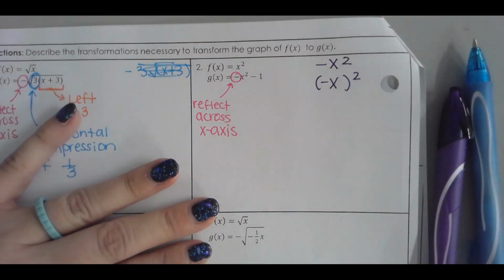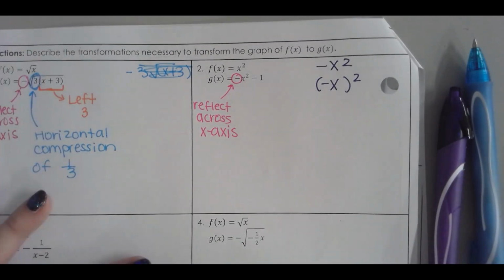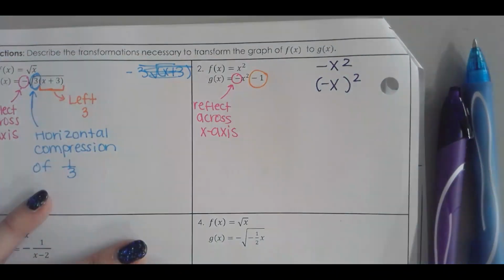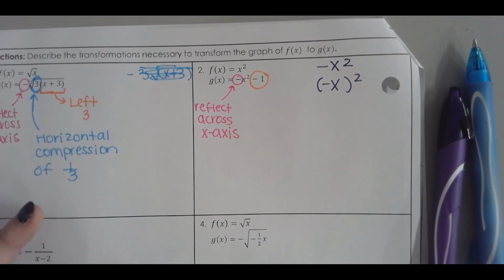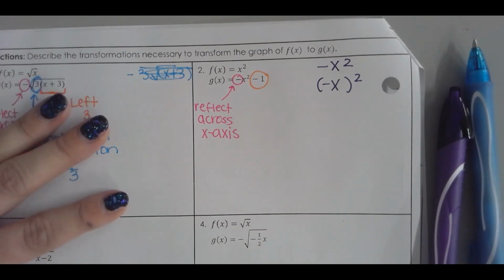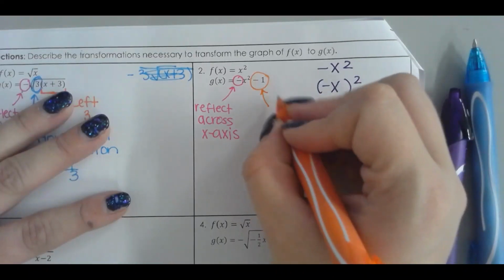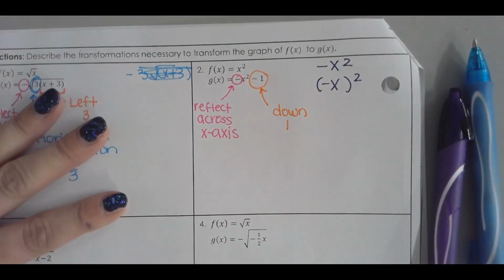What else is happening from my original x squared? Subtracting 1. Now that minus 1 is happening after the x squared, so that would be another considered outside. So what happens when we subtract outside? Down 1. Yep. And it's 1 because it's minus 1.